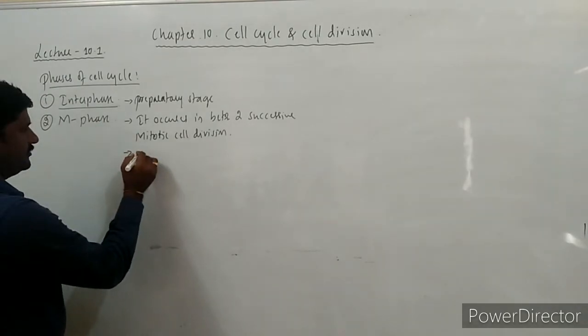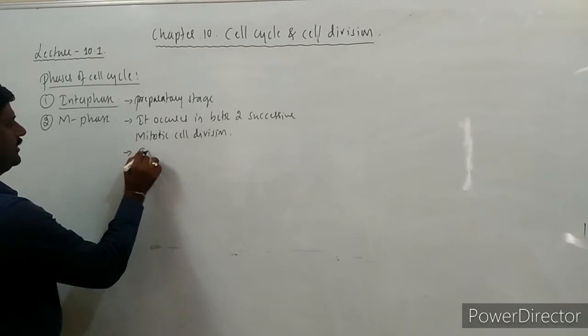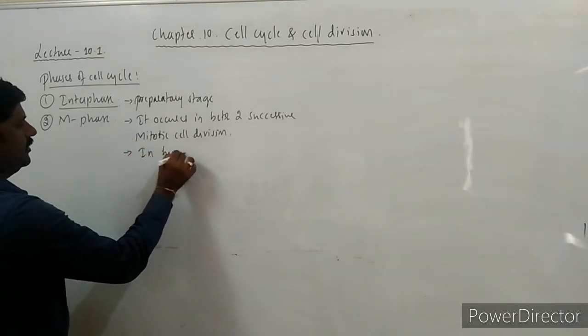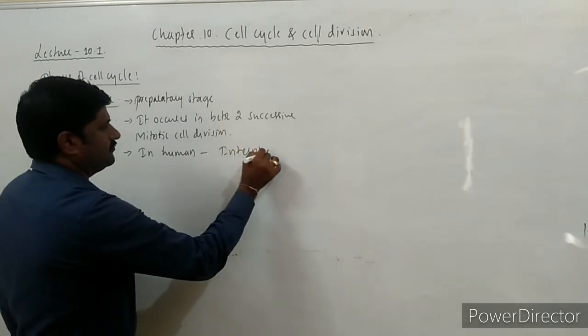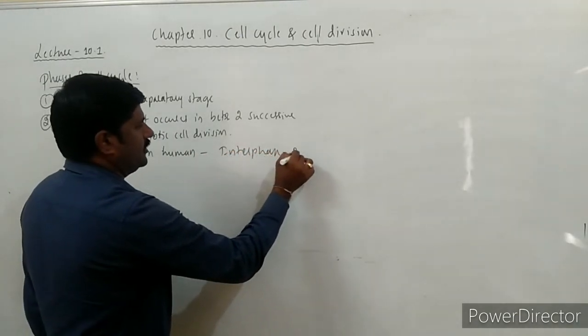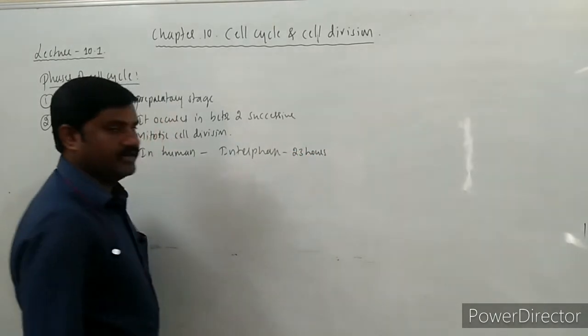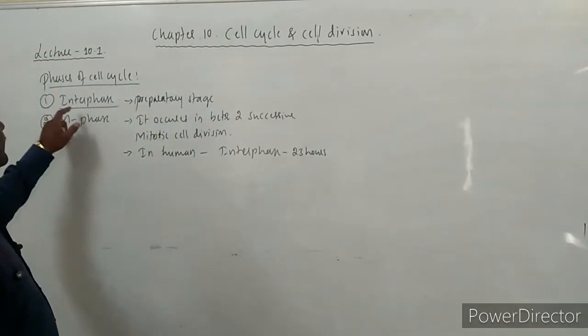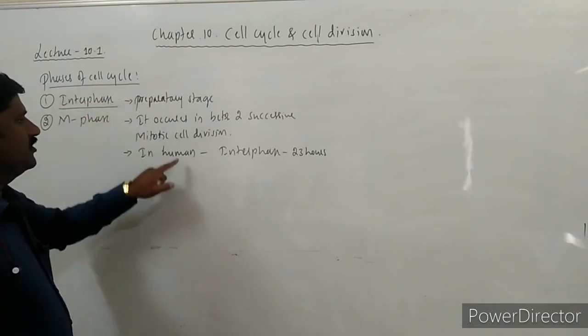And in human beings, interphase occurs for about 23 hours. Already I told you, one cell cycle of the human cell takes 24 hours.